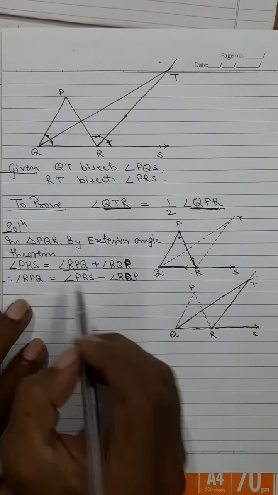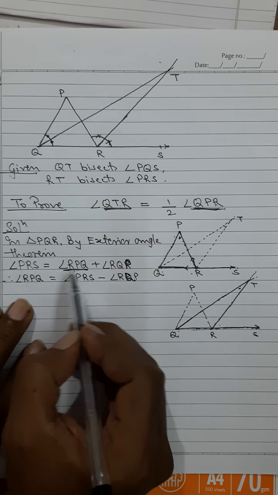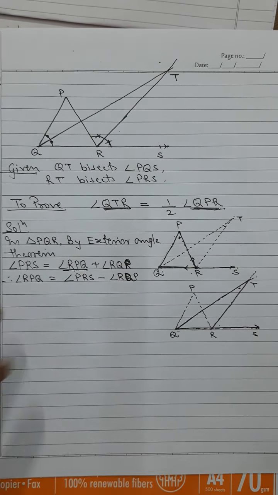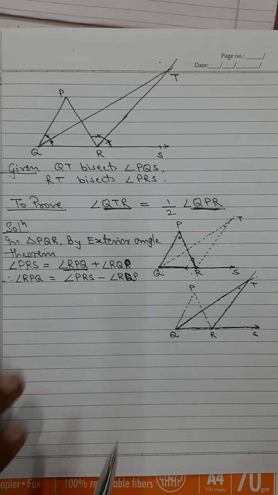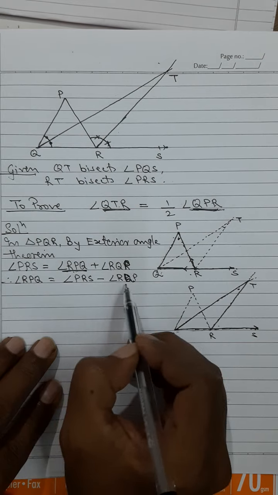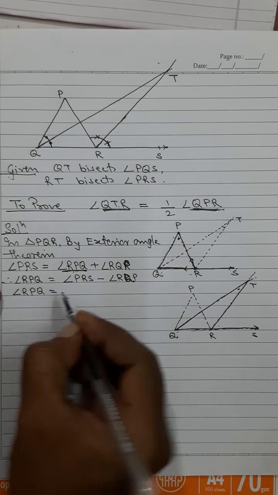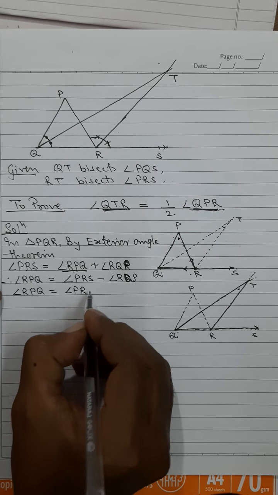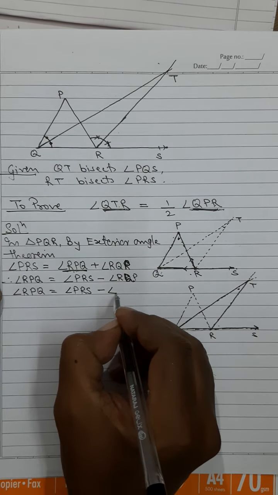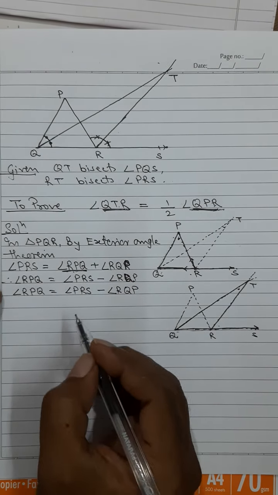So here angle RPQ is equal to this, which will be shown over here, and then I shifted angle RQP over here. I'll just write it again because it has become so dirty. This RQP I shifted over here.